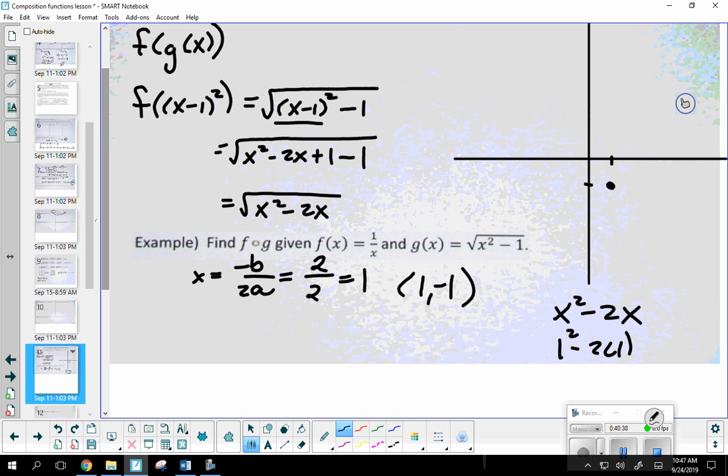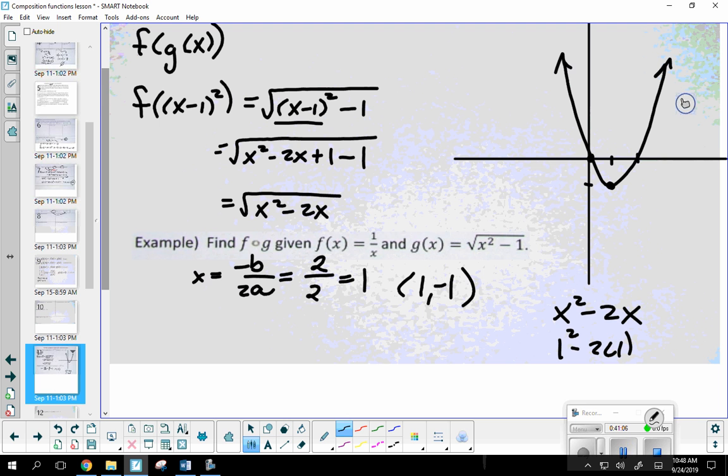Where would x squared minus 2x cross the x-axis? Okay, Philip? 1, 0. Okay, well, not 1, 0. 2, 0 is going to be one of them, and there's another root. 0, 0. It's going to cross at 0, and it's going to cross at 2, just like you said. So x squared minus 2x is going to look something like that.